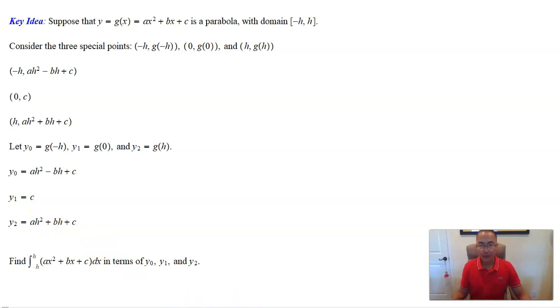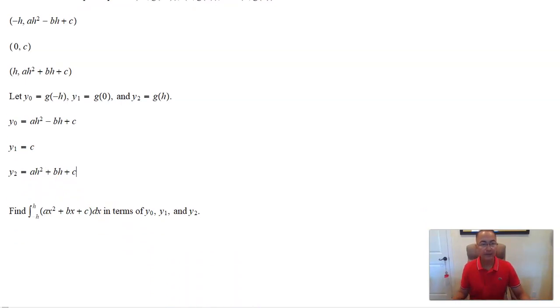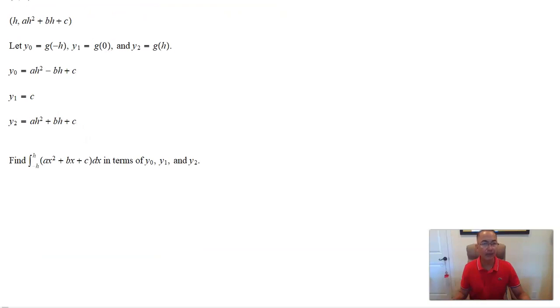All right, so we are going to find this definite integral, and we will express the answer in terms of these 3 y-coordinates. Very clever. So we want this definite integral. Shall we use a trig substitution or partial fractions? Just kidding. It's just a polynomial.